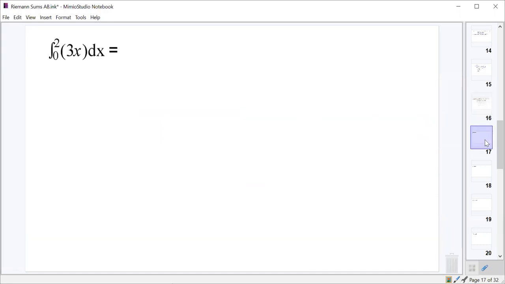So we're going to look at the integral from 0 to 2 of 3x dx. So first off, what's this question asking? What does the answer to this integral represent? Remember, what is an integral?